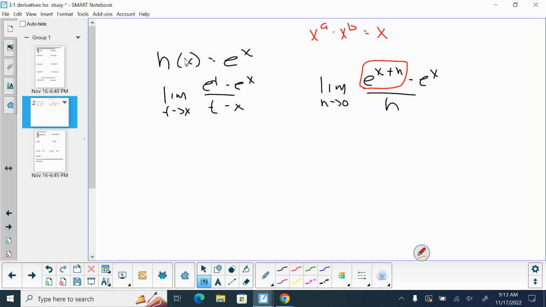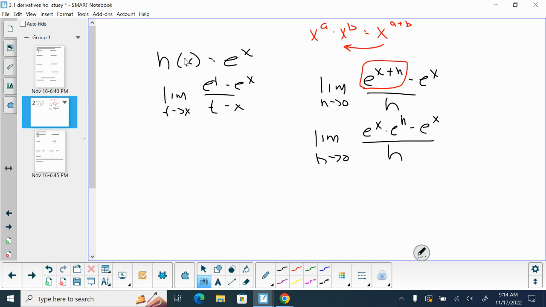So we have a plus b. Well, this property also goes in reverse. If I have two exponents that are being added, I can break them apart into the limit as h approaches 0 of e to the x times e to the h minus e to the x all over h.